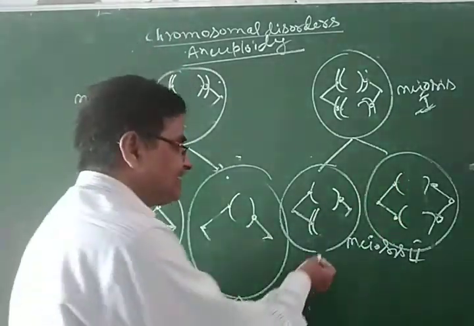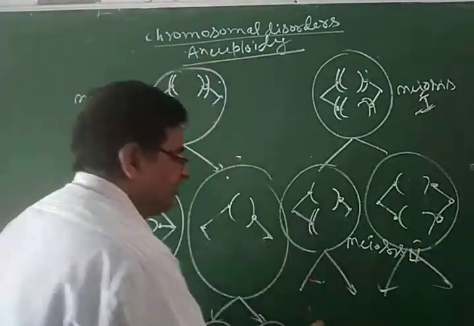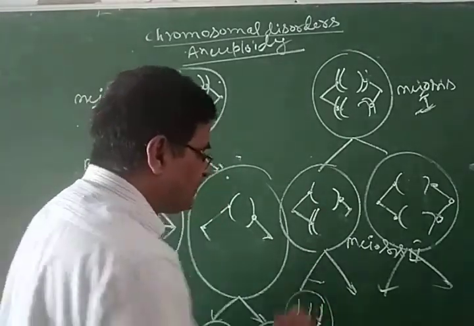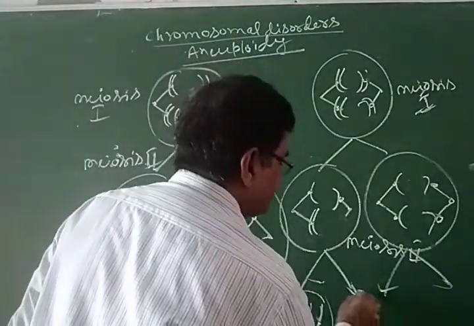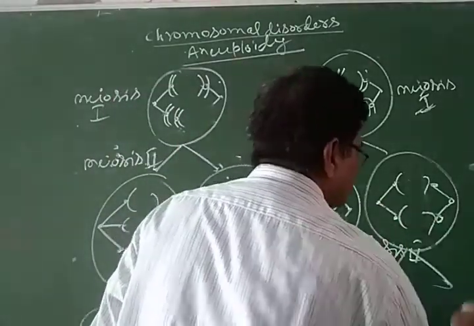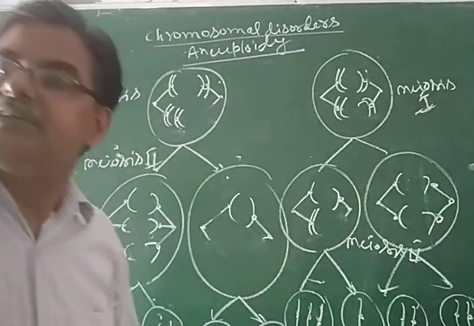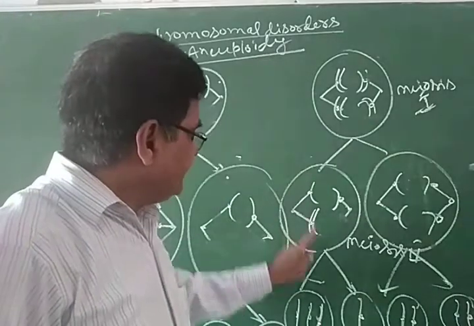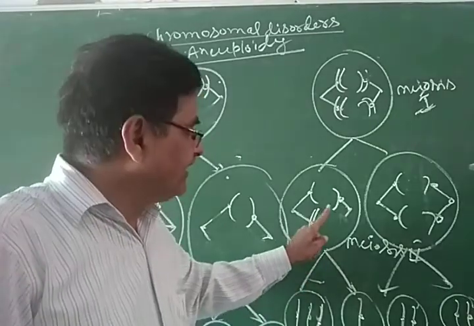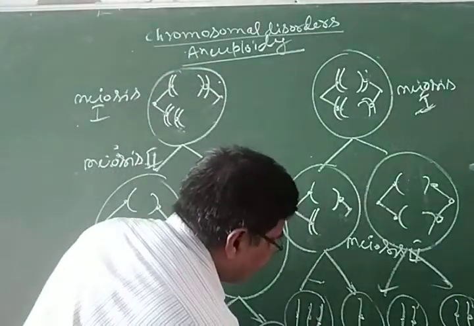Now what will be the condition when it produces the gametes? Four types of gametes. What will be the condition here? 1, 2, 3. 3 chromosomes will be present in this gamete. What will be the condition in this cell? There will be only one chromosome, and here there are 2 chromosomes, and also 2 chromosomes here. So in this condition, this is the failure of segregation of chromatids in the anaphase of meiosis second, and it produces this n plus 1.